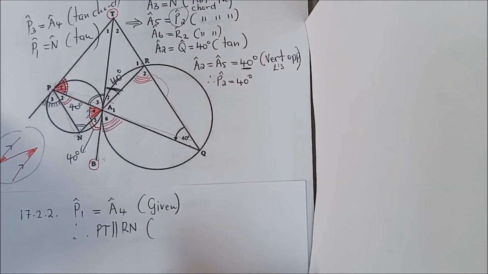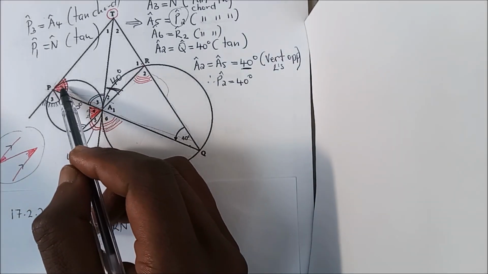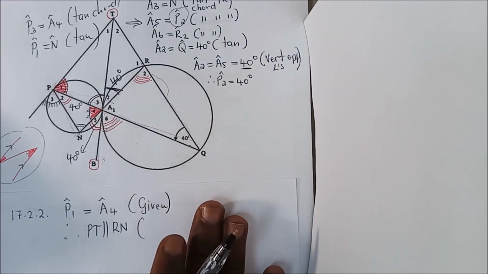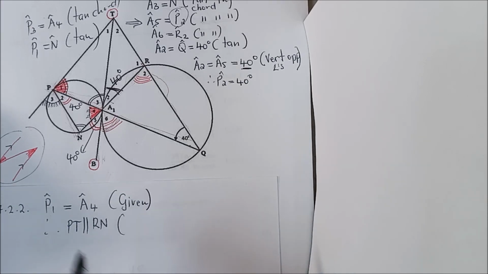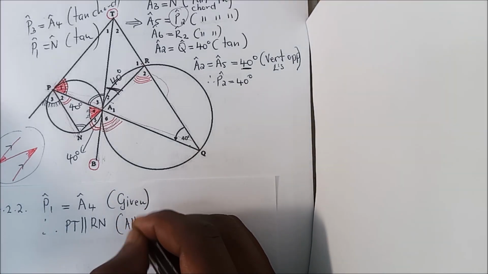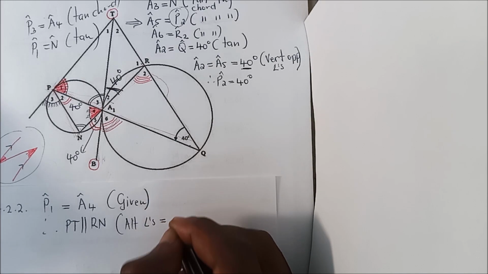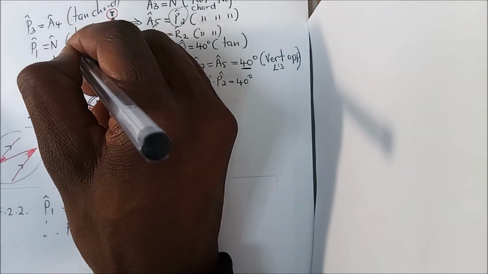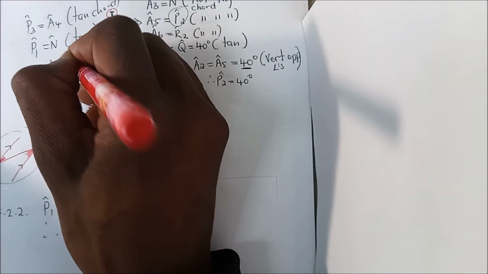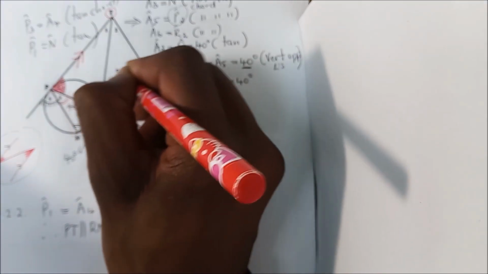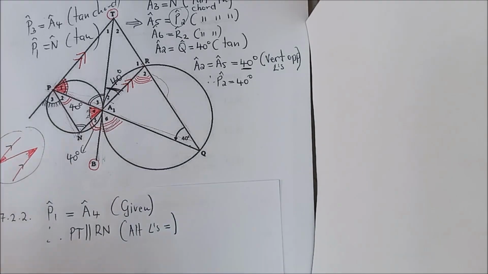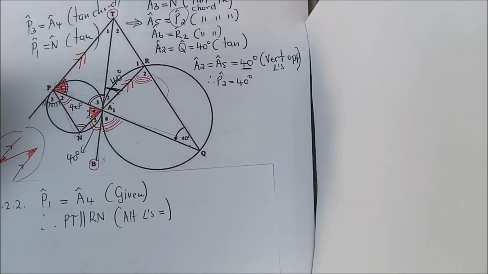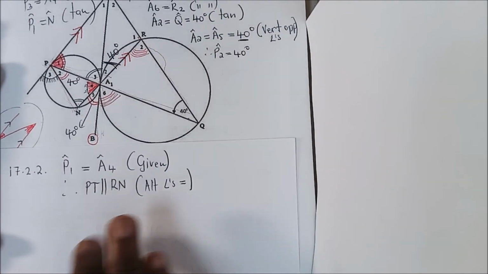So why are we saying line PT is parallel to line RN? Because if we look at P1 and A4, they are alternate angles and they are equal. So we can say alternate angles equal. That's why we are saying PT is parallel to RN.